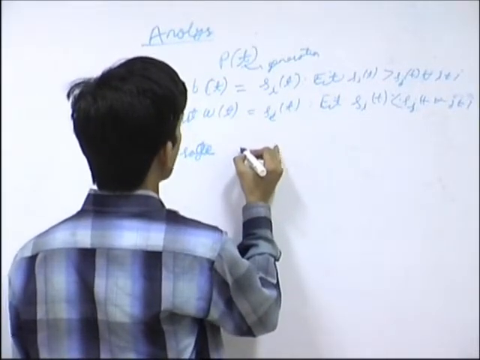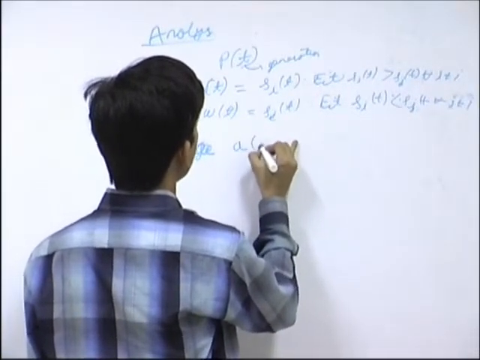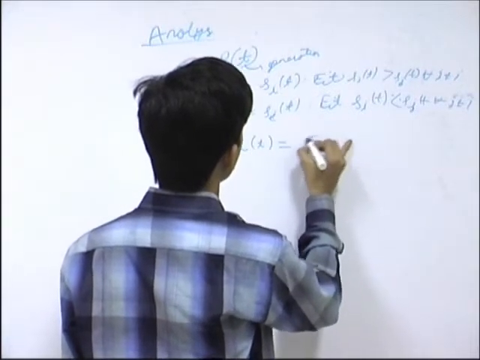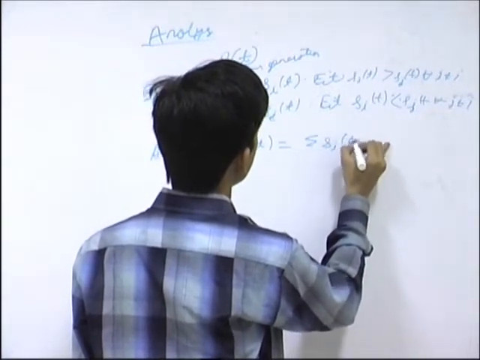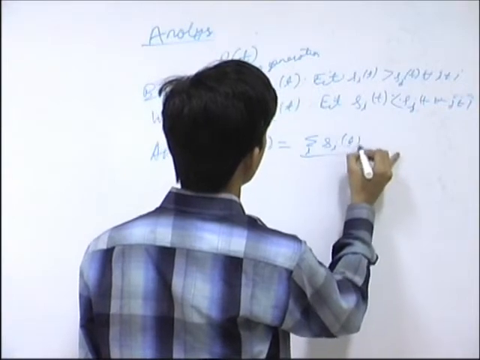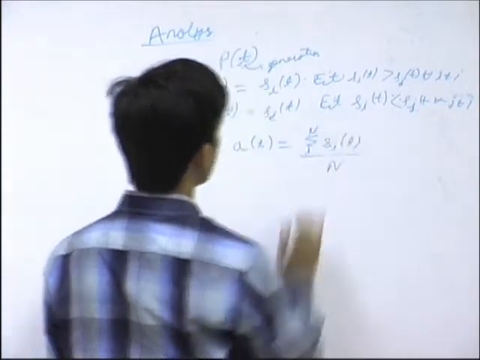So I say the average fitness A at any time T is nothing but the summation of SIT for all I divided by the number of individuals N.